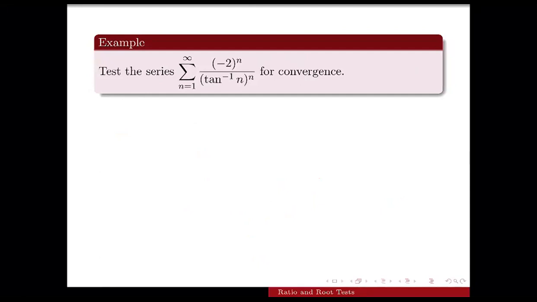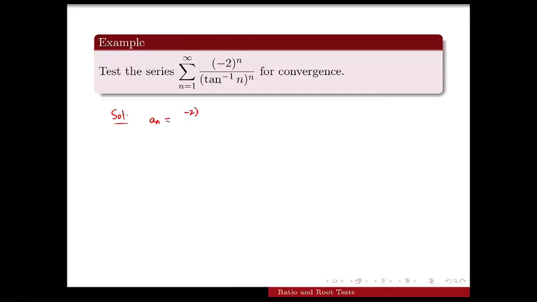Let's have another here. So test the series, the sum of negative 2 to the n over tangent inverse n raised to n, from 1 up to plus infinity for convergence. So in here you have a sub n.